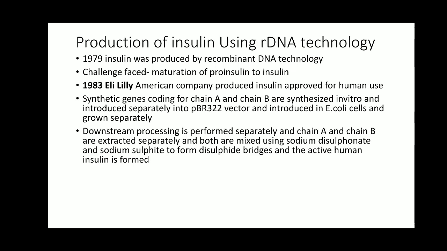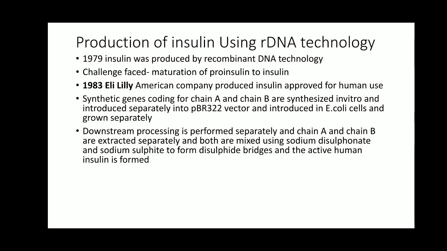The second step is cloning of the genes. How can these genes be cloned? They are first linked to the vector DNA. The vector used is pBR322, which is an artificial, genetically engineered plasmid vector suitable for cloning genes in E. coli cells.